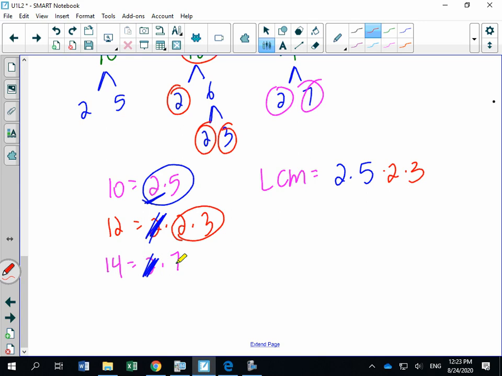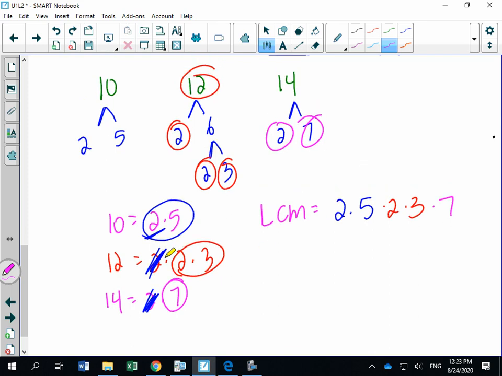No. So then you take the remaining factor, and it's a 7. And the lowest common multiple is this answer. You guys, it's going to seem really complicated at first, but we'll do so many examples that you'll get the hang of this. So the lowest common multiple of 10, 12, and 14 is these numbers multiplied together.